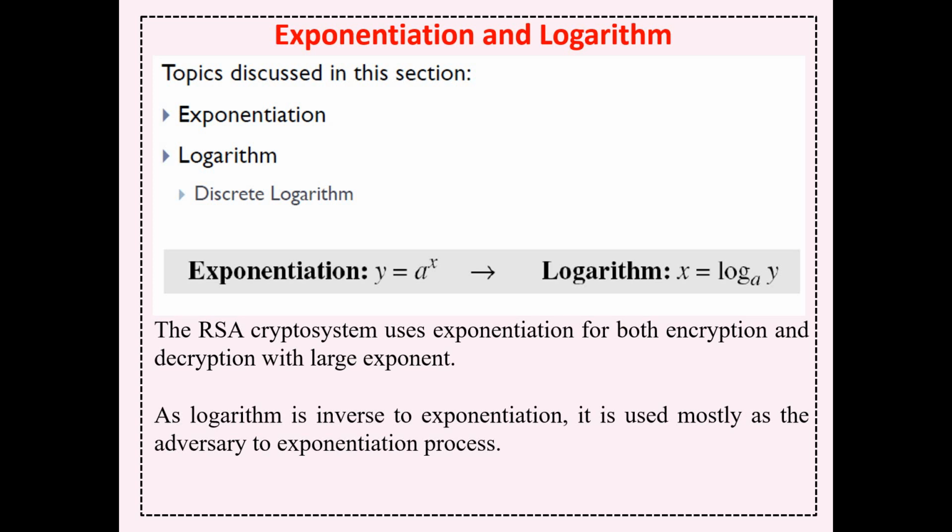Now in case of discrete logarithm, the problem is that this is not the conventional logarithm that we come across, but usually the exponential part is a relatively difficult operation for a generic group of elements, calculation-wise. Exponential part is difficult. That's why you can see the logarithm is the inverse of the exponential. It is used mostly as the adversary to the exponential process.